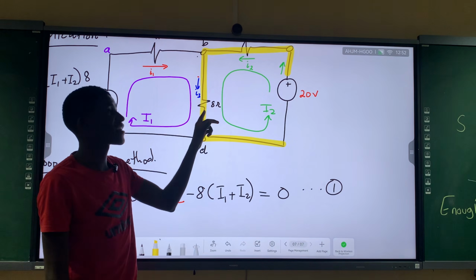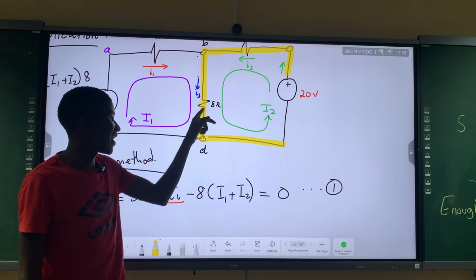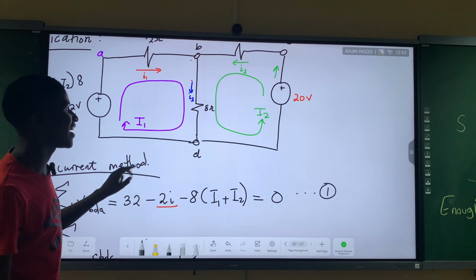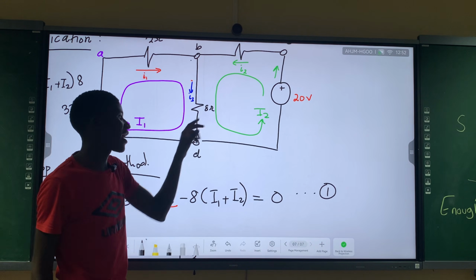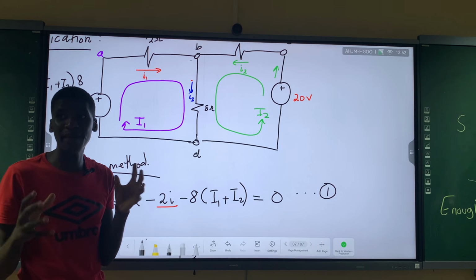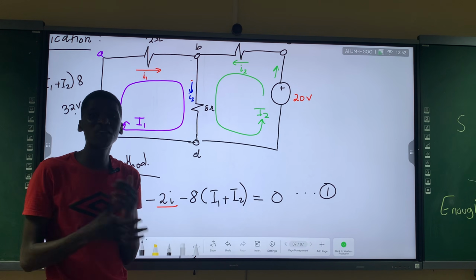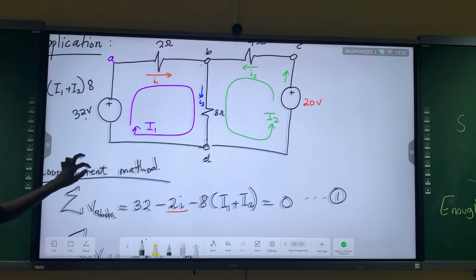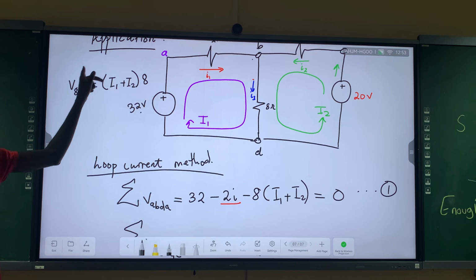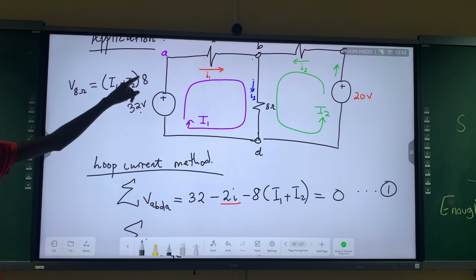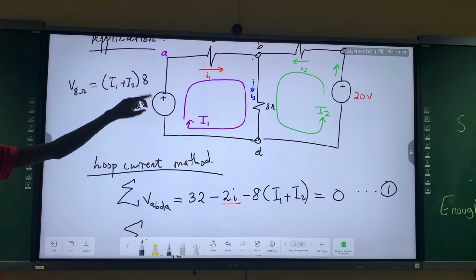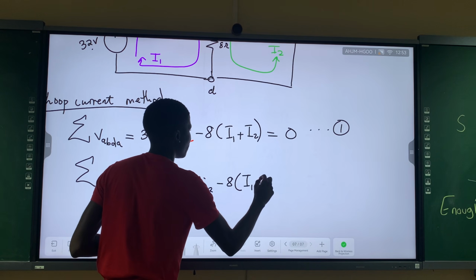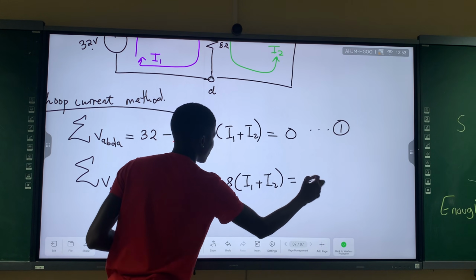You look at everything in this part, in this case the 8 ohms. We are summing up the voltages. How do we get the voltage of the 8 ohms? We already said that the voltage through the 8 ohms resistor will be 8 times I1 plus I2, and it's negative. So this is 8 times I1 plus I2 is equal to 0.